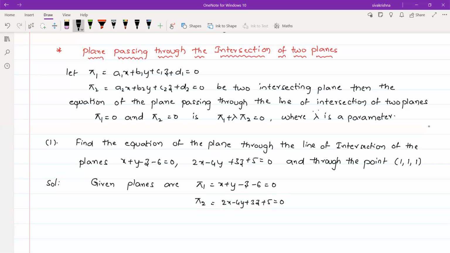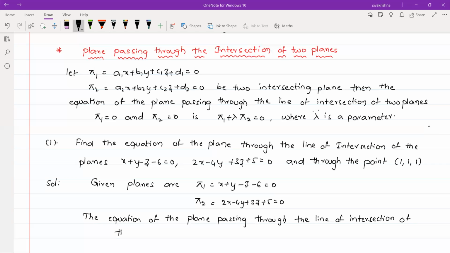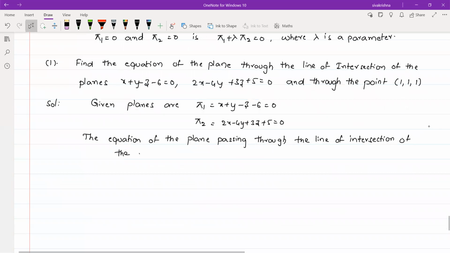Now, using the above definition, I am going to write the equation of the plane passing through the line of intersection of the given two planes, pi1 is equal to 0 and pi2 is equal to 0.